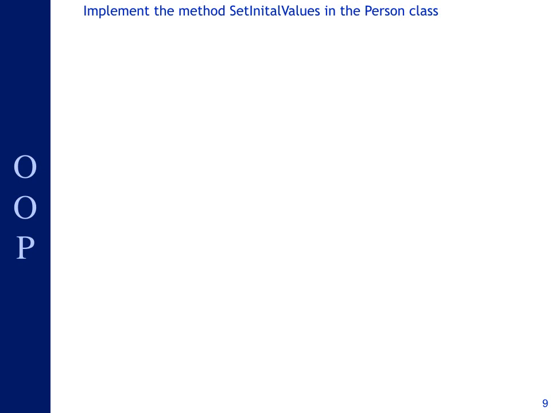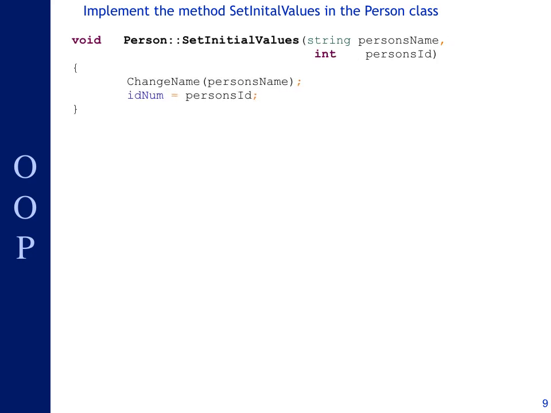So now we want to implement the method set initial values in the person class. So person is a parent. We're just going to get those 2 parameters and use that to set the person name and the person ID. Notice that I use another method on the parent to set the name.